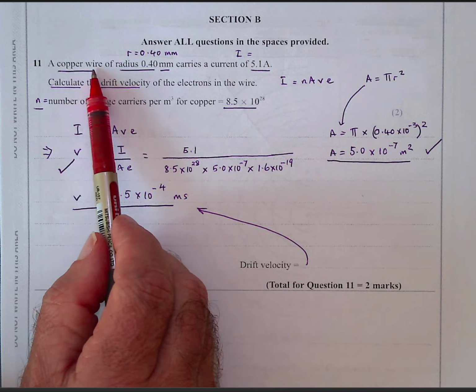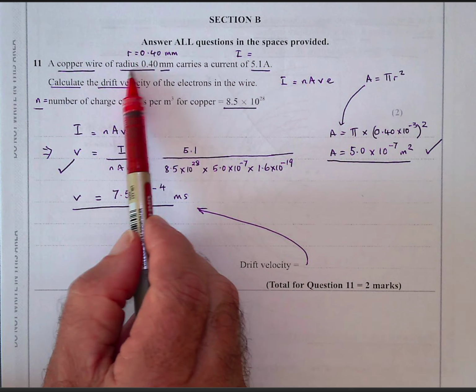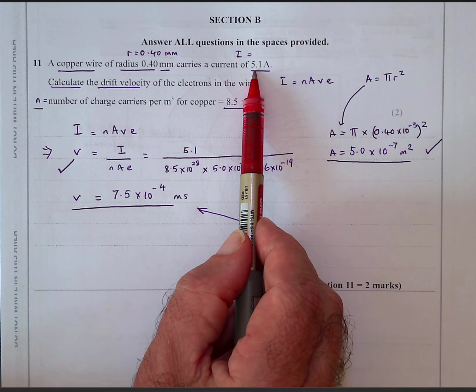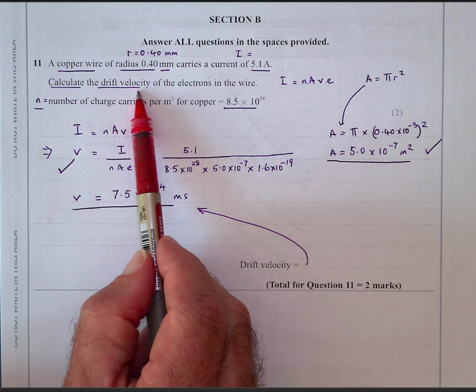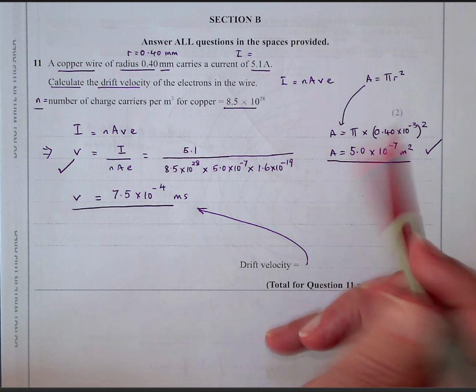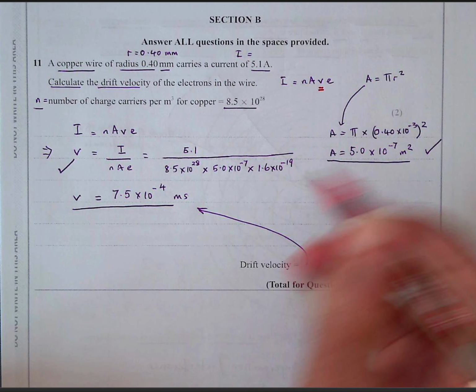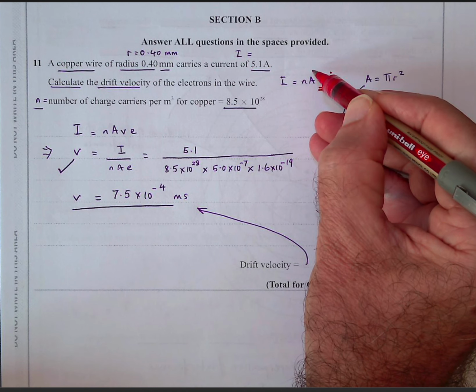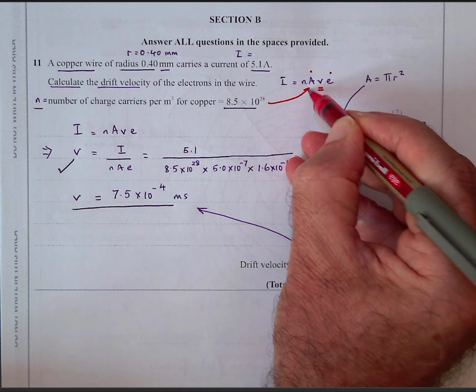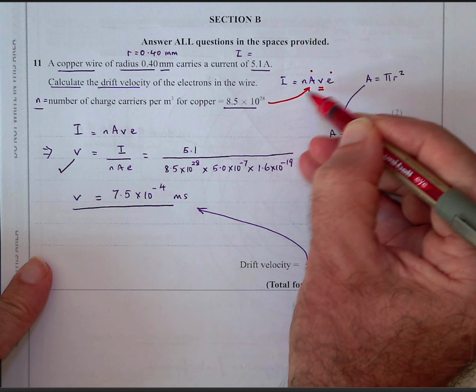Okay, so here we have a copper wire. The radius is given and it carries a certain current, so the I is 5.1 amps. Calculate the drift velocity. As soon as you know it's drift velocity, you need to use this equation. So there's the drift velocity. We want to calculate v. We know e. The A is given here, and the n has been given here.